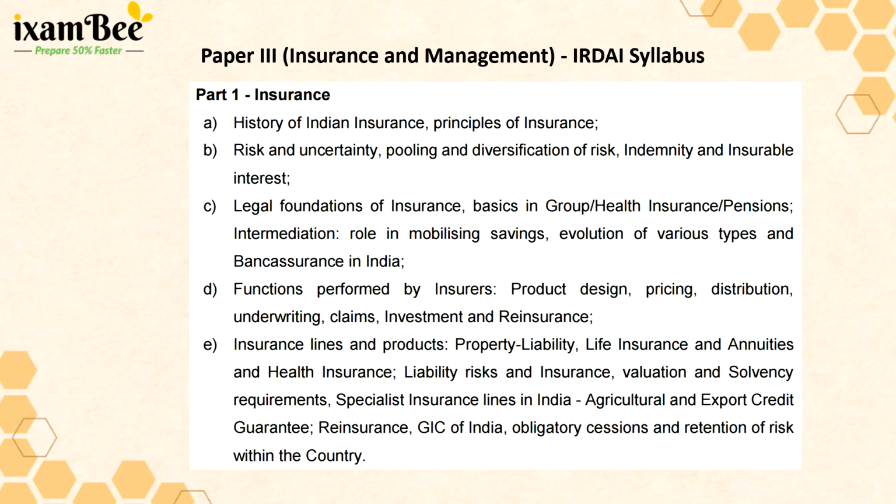Topic 3, which comprises the legal foundation of insurance like laws, regulations, group insurance basics, health insurance, pensions, etc. Topic 4, which is insurance company functions, product design, pricing, underwriting, claims, investment, reinsurance. And topic 5, which is insurance lines and products, like property, liability, life insurance, annuities, health insurance, etc. These 5 topics form the insurance knowledge base.